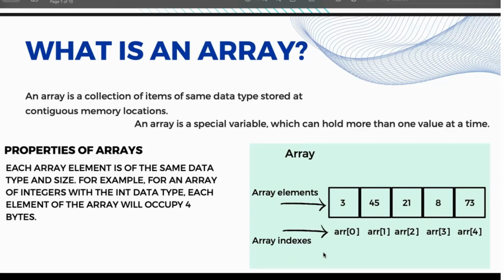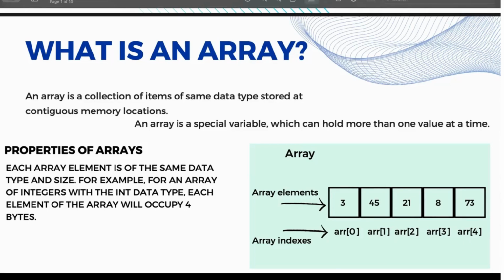And the array index is the position of a particular element: 3 is at array 0, 45 is at array 1, 21 is at array 2, 8 is at array 3, and 73 is at array 4. So you have to be sure where all the elements are occupying the bytes and storing the data in the containers.